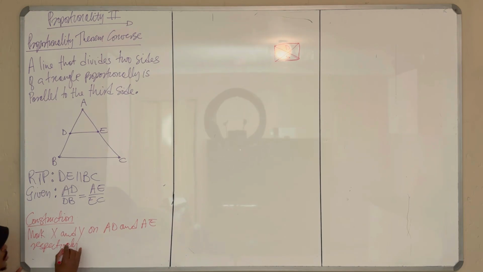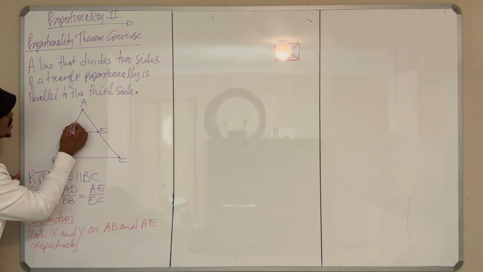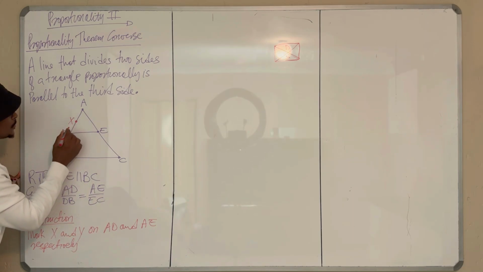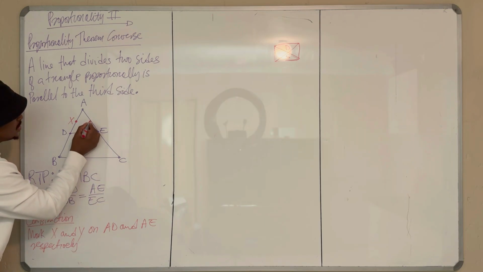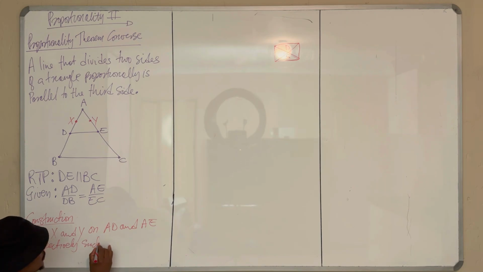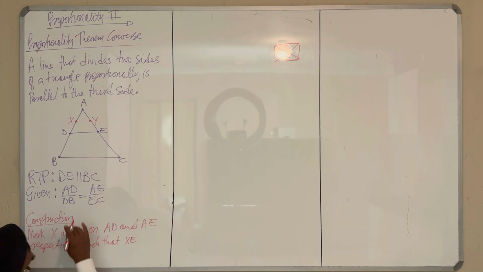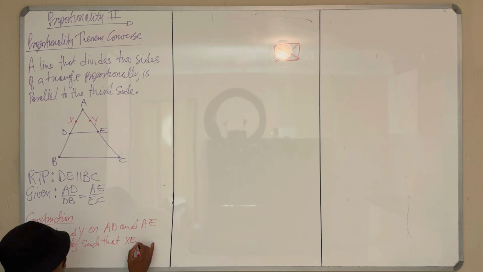So I'm going to mark X on AD, and Y on AE, such that XE is perpendicular to AB.